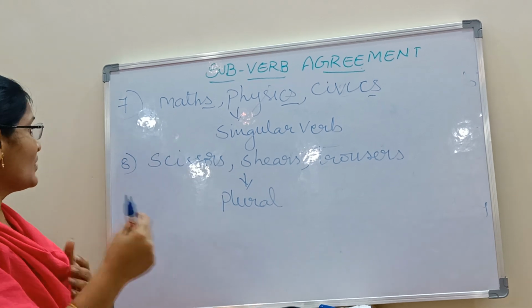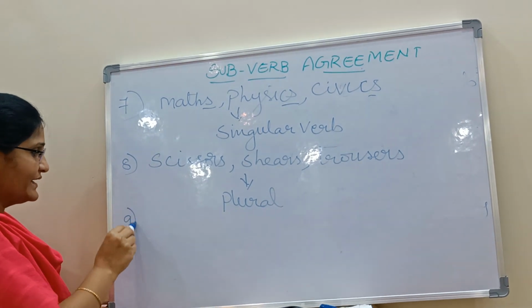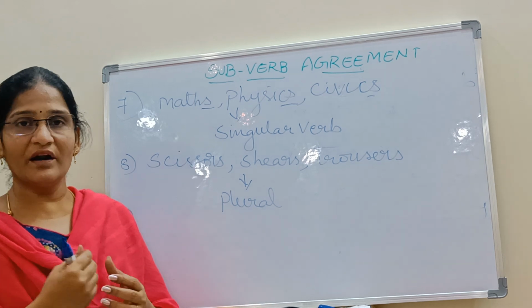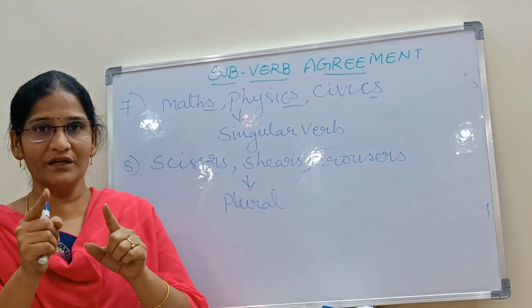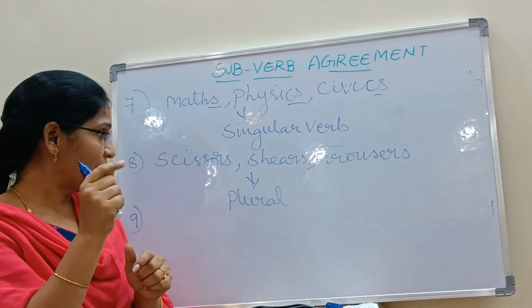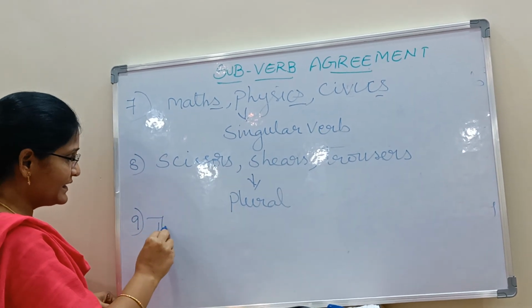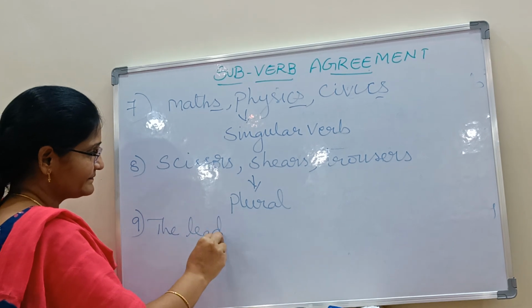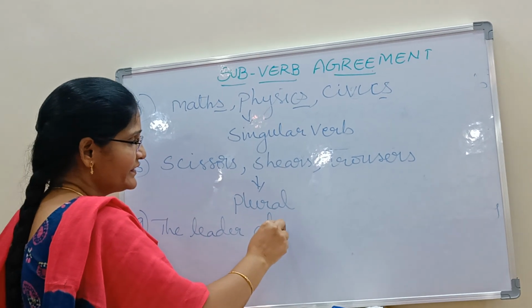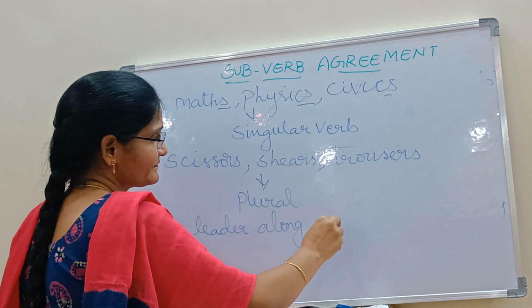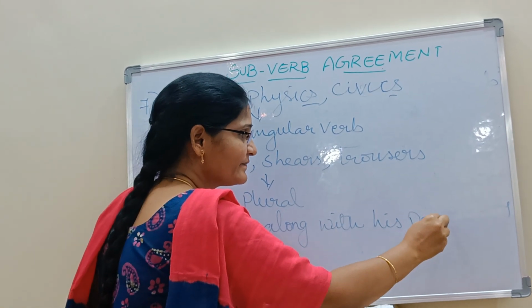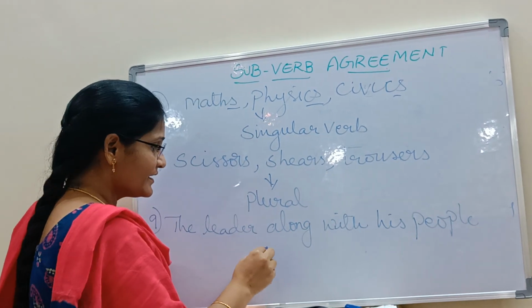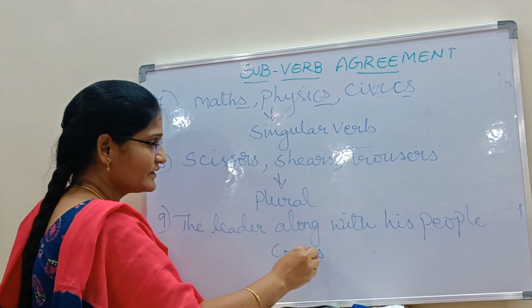And one more, the ninth rule. Try to understand this: whenever we have a phrase in between the verb and the subject. I will give you an example. The leader along with his people comes now.